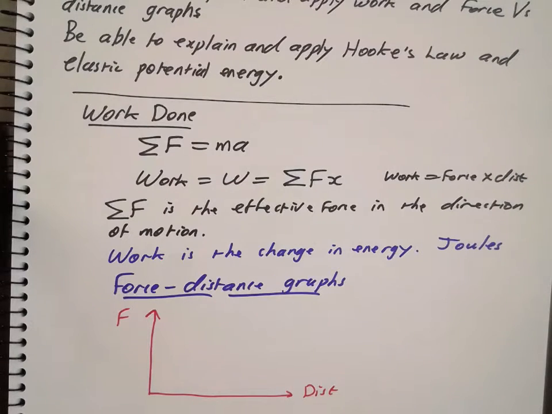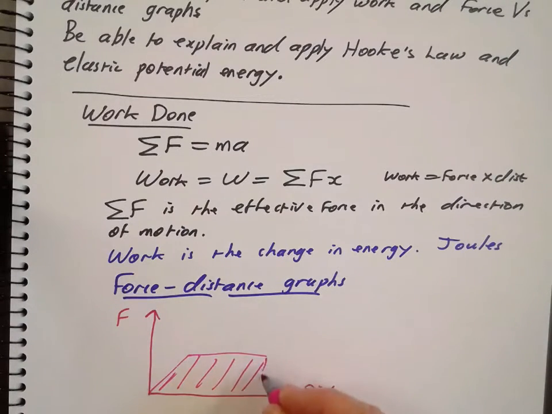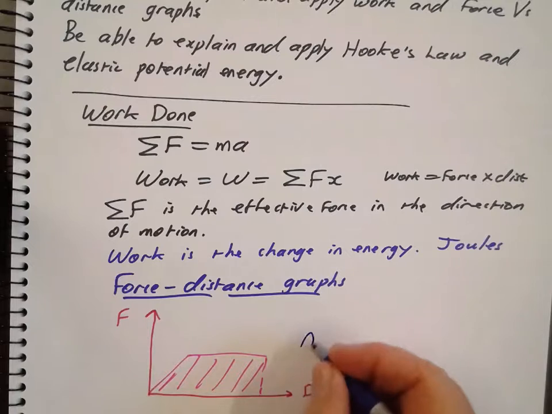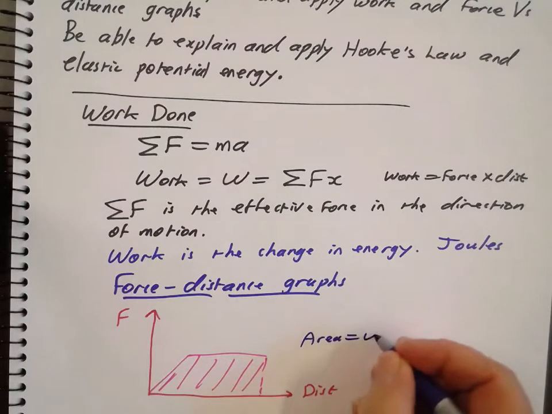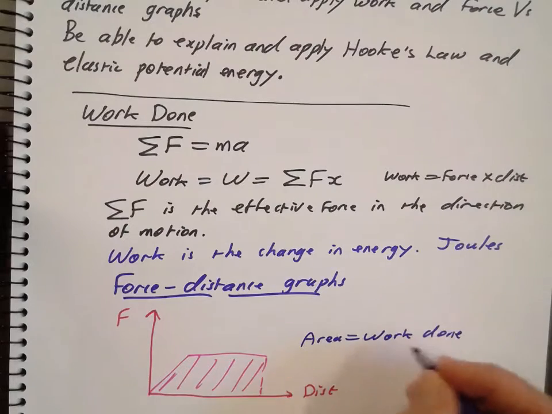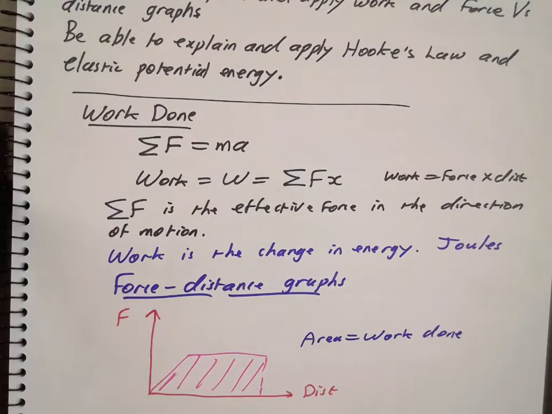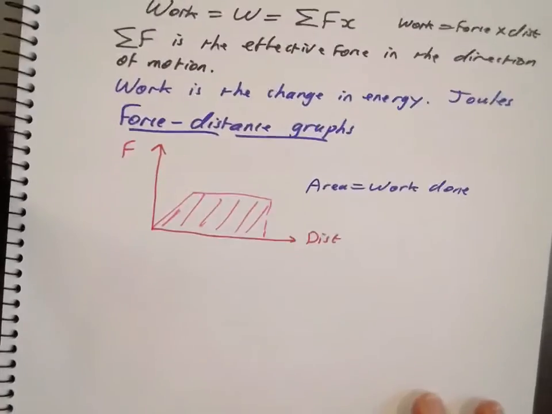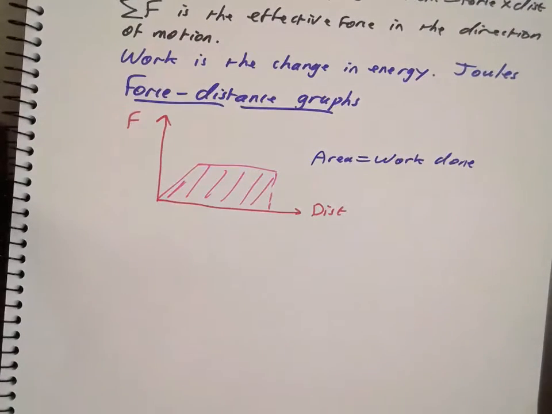So in any force distance graph, the area is the work done. That is particularly applicable when we change over to the springy stuff, which we'll do now.